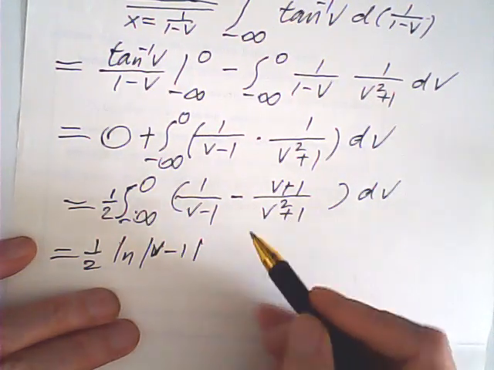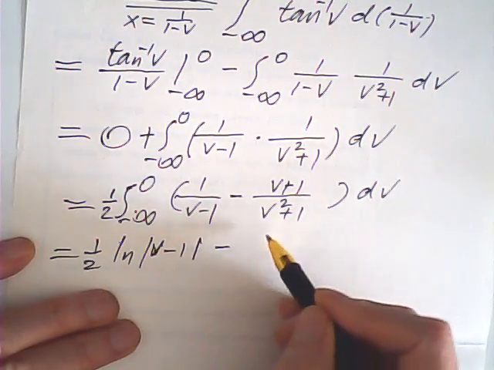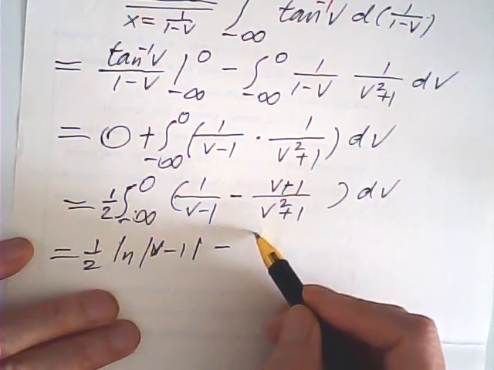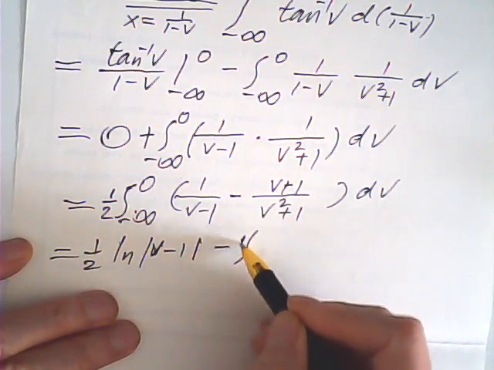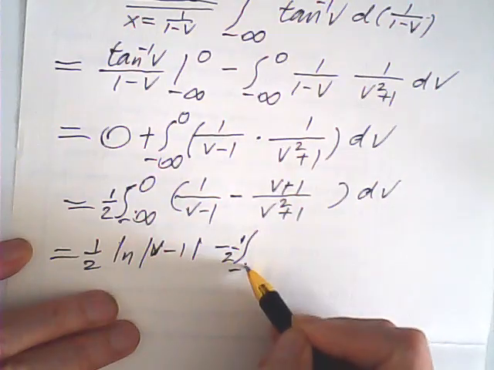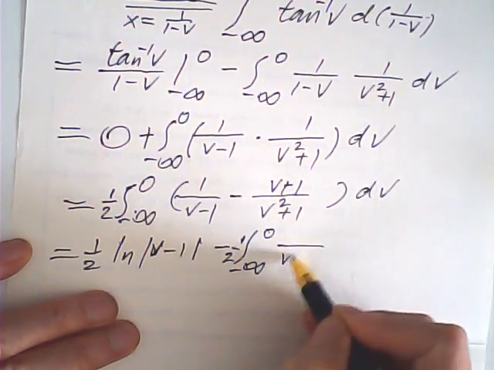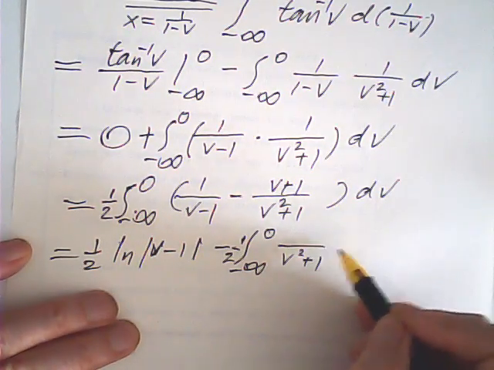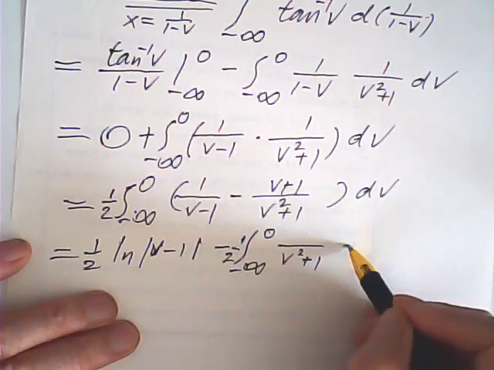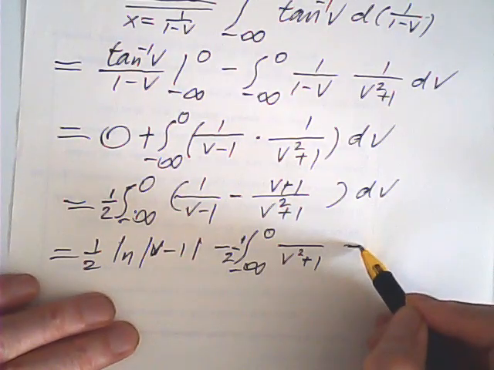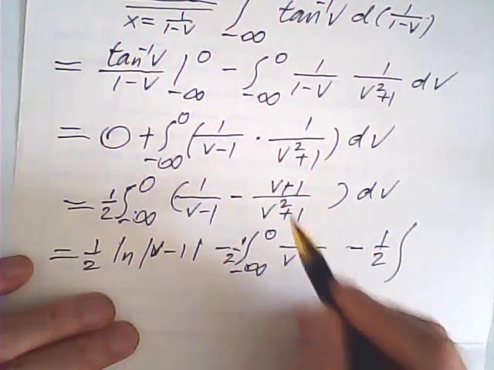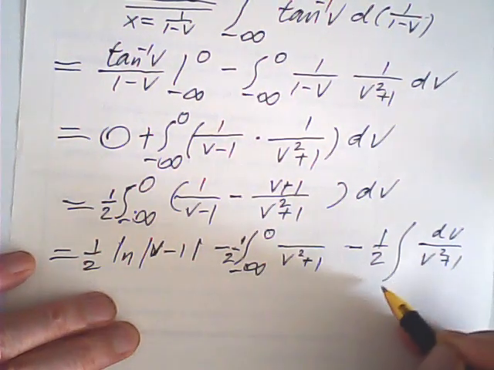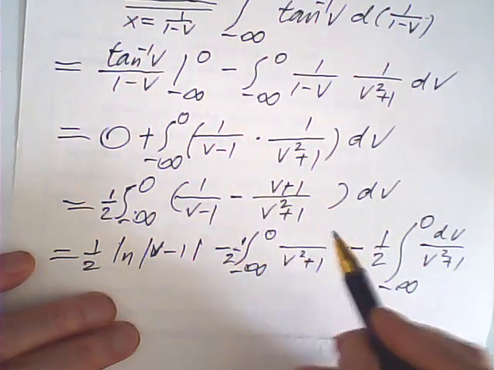And the second becomes minus 1/2 dv over v squared plus 1, minus 0, right?